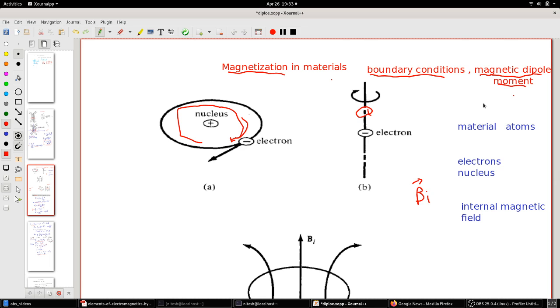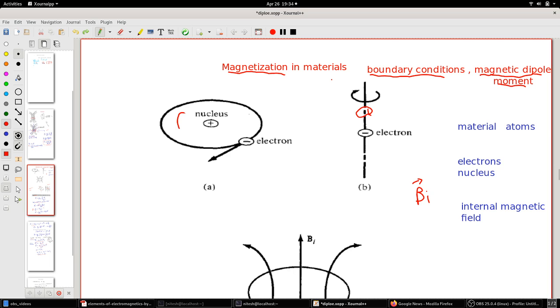First thing first, every material is made up of atoms, and every atom has a nucleus at the center and electrons rotating around it in an orbit. That's one motion that you see.